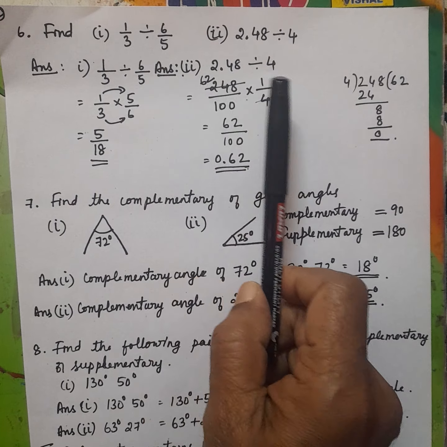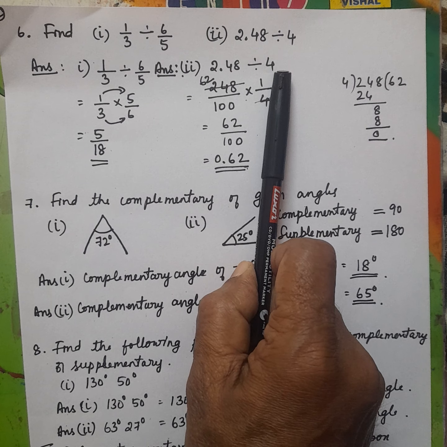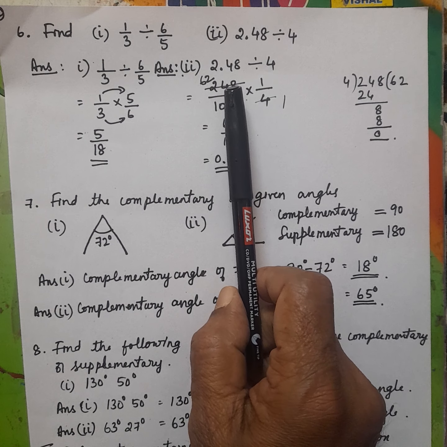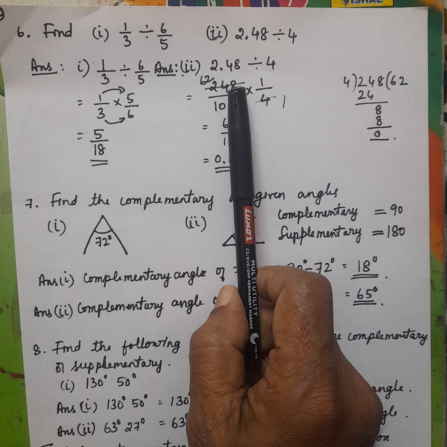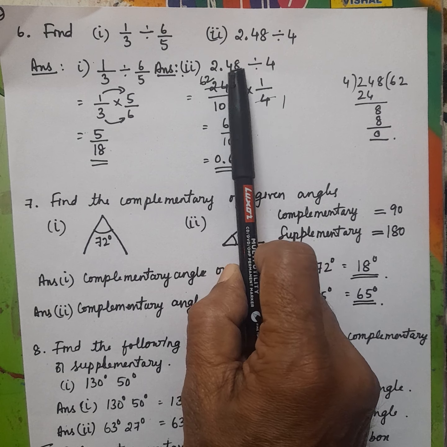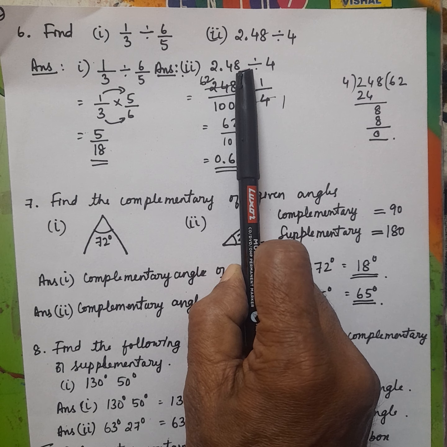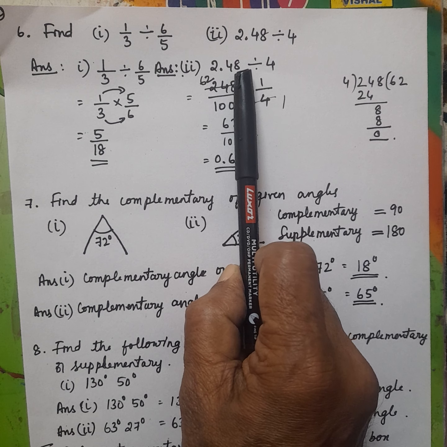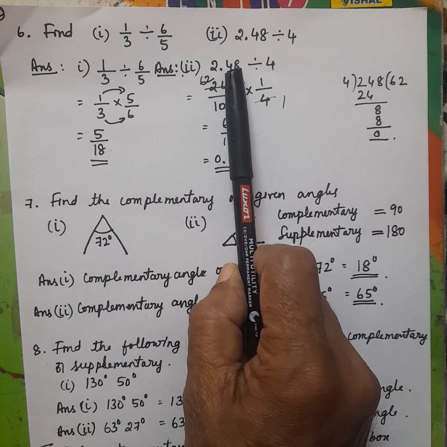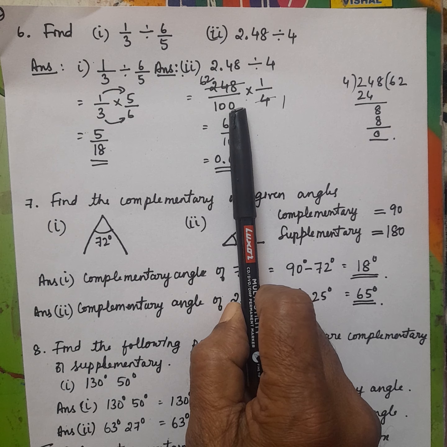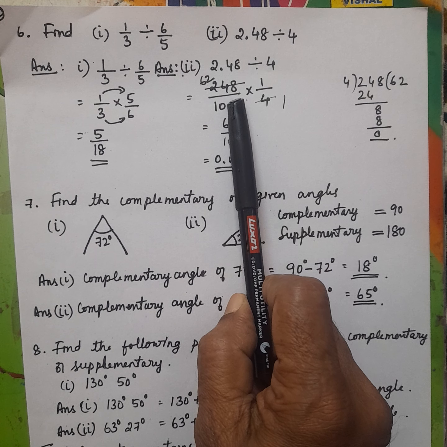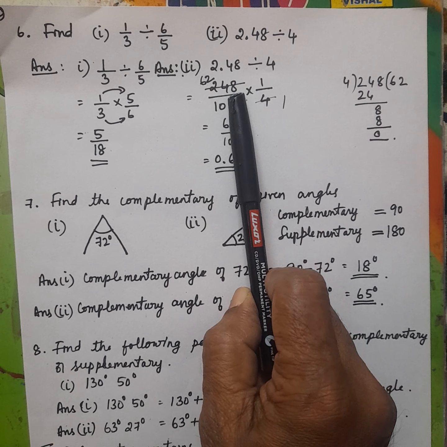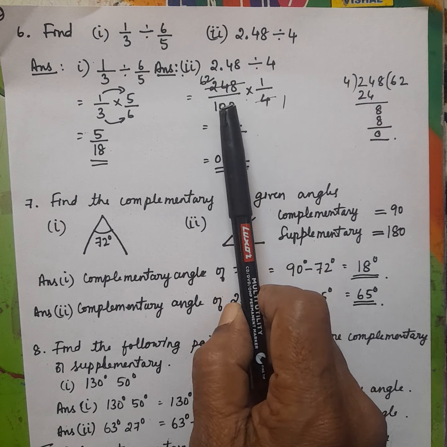Now the second question, 2.48 divided by 4. When you convert 2.48 into a fraction, you will get 248 divided by 1 followed by two zeros. So if you convert it into a fraction, it is 248 divided by 100.